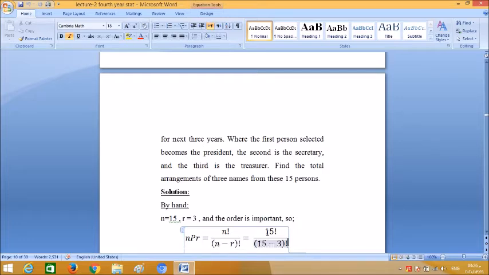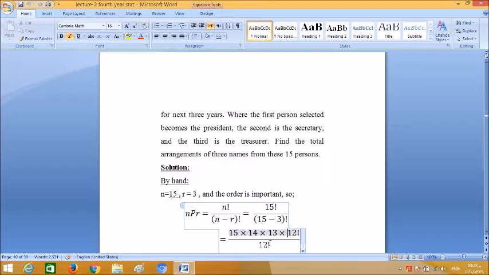So n equals 15, divided by 15 minus 3 factorial. n factorial means 15 factorial, equal to 15 multiplied by 14 by 13 to get 3 by 2 by 1. And in the denominator, 15 minus 3 equals 12. So here you can say that the denominator is 12 factorial.